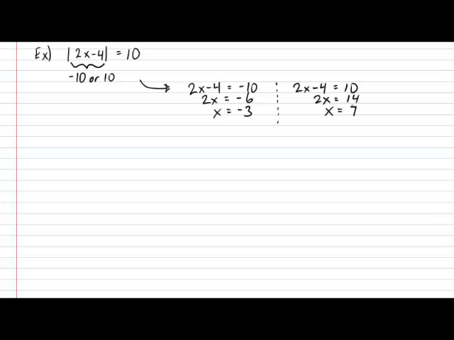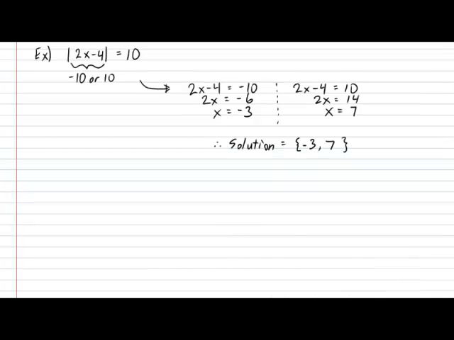So therefore our solution is equal to minus 3 and 7. And if you wanted to, you can perform a little self-check on your own to make sure that these two solutions work. I would like you to try one more example on your own, and that should do it for this lesson.